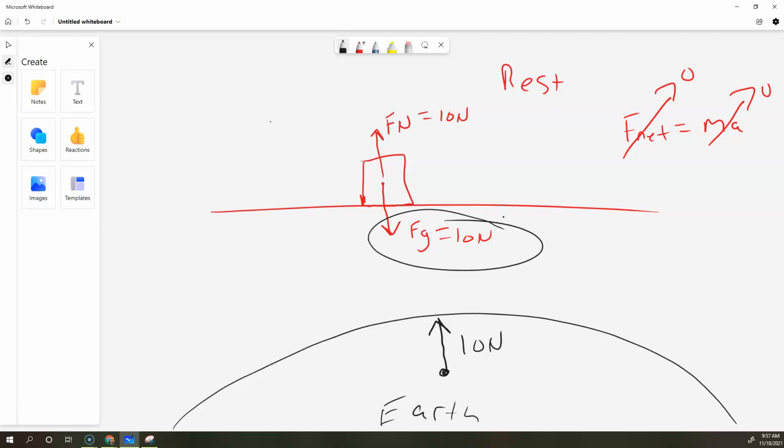Well, guess what? You're also pulling back up on the Earth with 150 pounds. You have your own gravitational field. It's a very, very, very small gravitational field. Objects around you aren't really influenced by it because it's so small. And the Earth is so massive, it doesn't care.